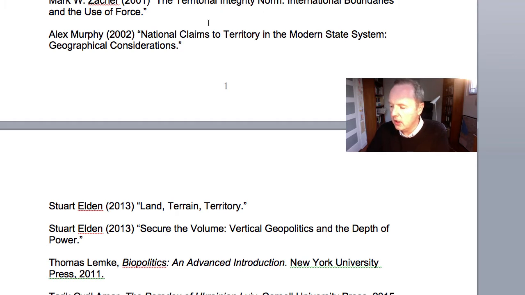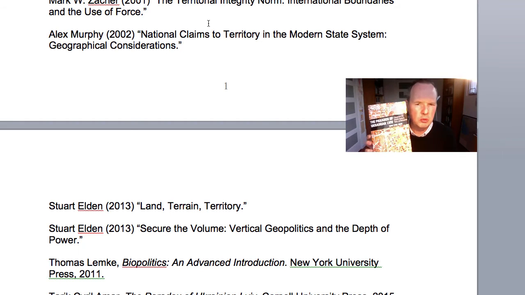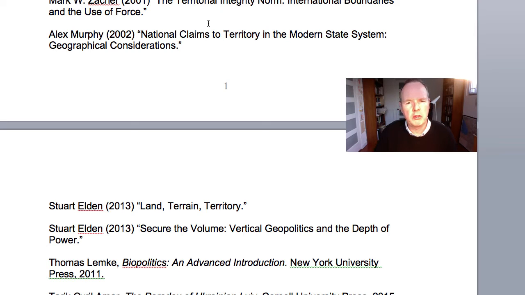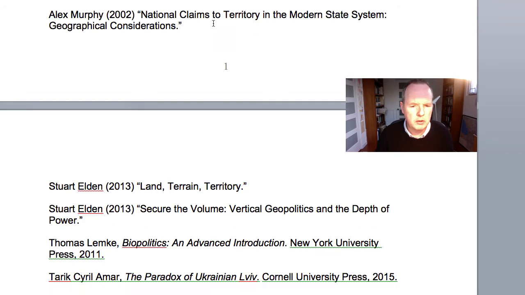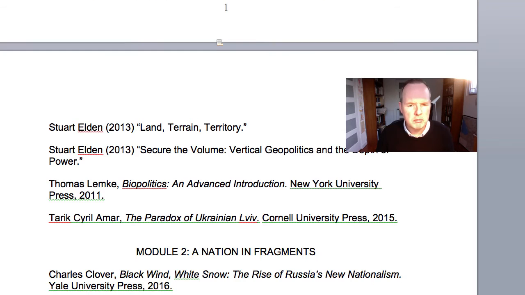And the case study is going to be of Lviv, and we're going to read this terrific history which has just come out recently, but it illustrates a lot of very important themes concerning territory and biopolitics. And I'll explain what I mean by those. So that's going to be the first module.